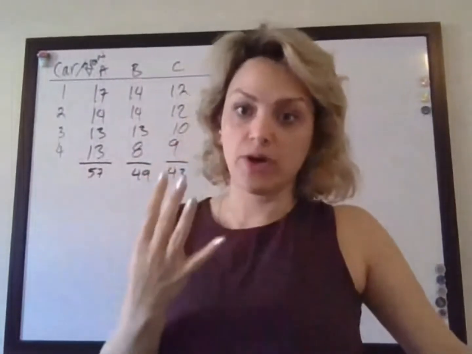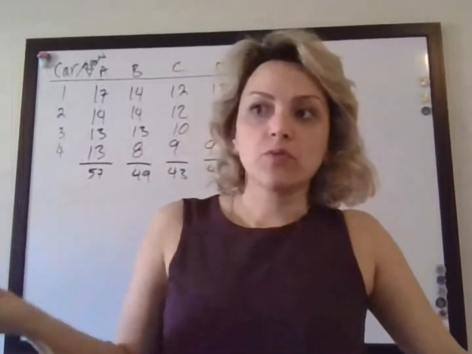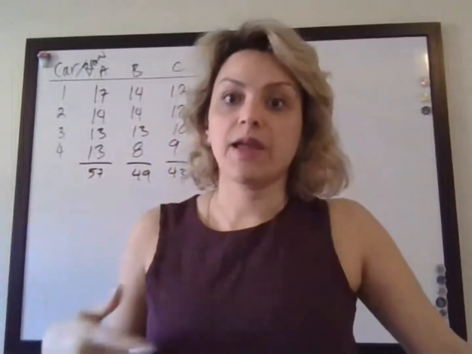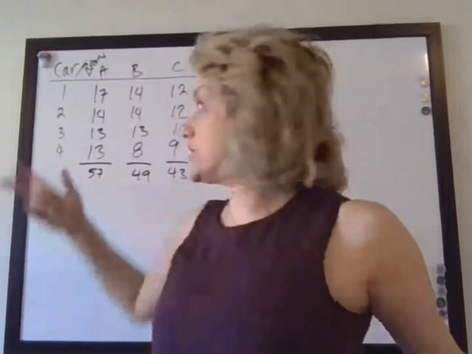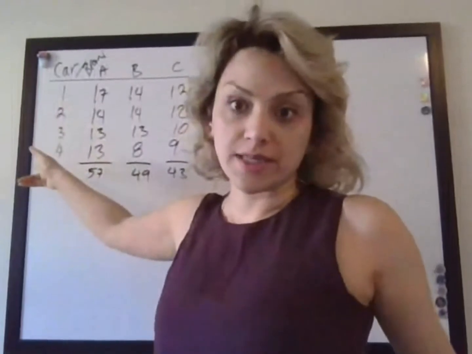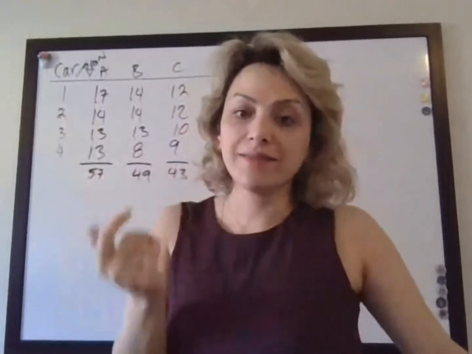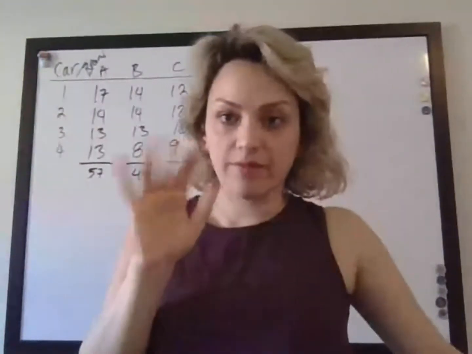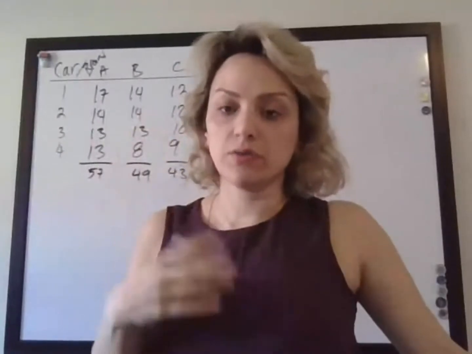Our treatment is tire brand, and we have 4 levels for it. So we can get the F observed of the treatment. We can find the F observed of the block, which is the different types of cars that we have. And then we can have the error and total. So we're going to do that.